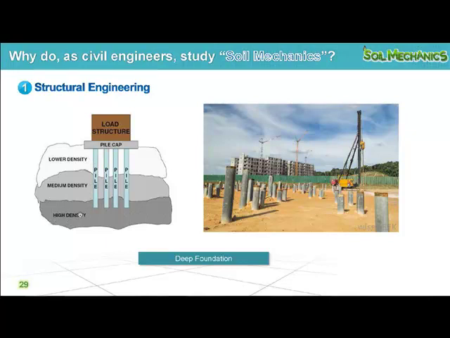High density soil refers to hard soil; lower density soil refers to softer soil or weaker soil. So the pile foundation should be installed to the hard strata or hard soil layer, or high density soil.